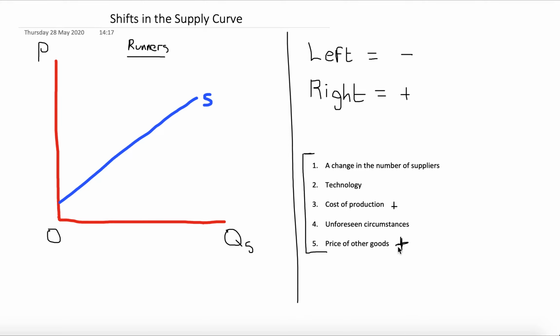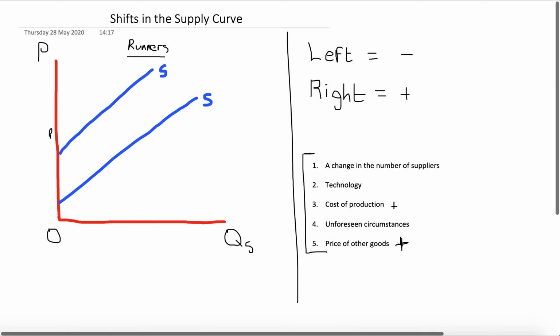So maybe smart dress shoes, the price of these shoes increases, and they increase significantly. Well, what we're going to do, if we are savvy businessmen, is we will stop producing as many runners and we'll start producing shoes instead. So the supply of runners will decrease. Okay, so for the same price, P1, runners stayed the same price originally, but shoes increase in price, so we're going to stop producing runners and start producing shoes.